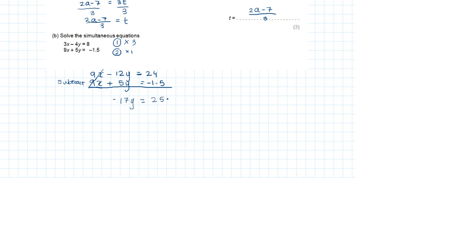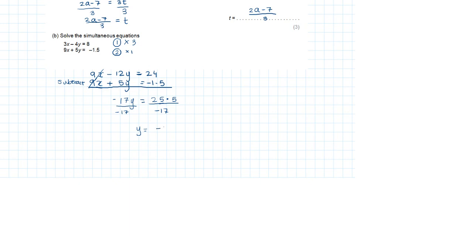Alright, and then we are going to divide both sides by minus 17. To give us y equals minus 1.5.